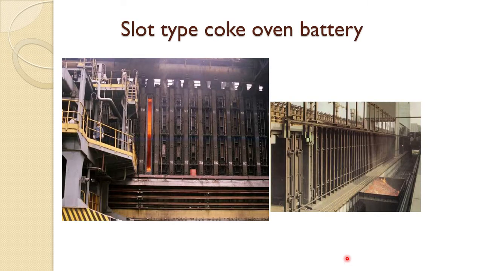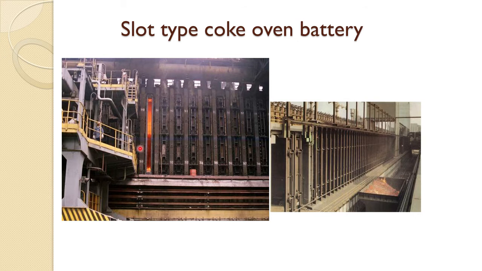This is a typical figure of one of the coke oven batteries. As I said, when you put a series of these coke ovens together, you call them a coke oven battery. This is one of the ovens where the coking process is occurring and is almost over.